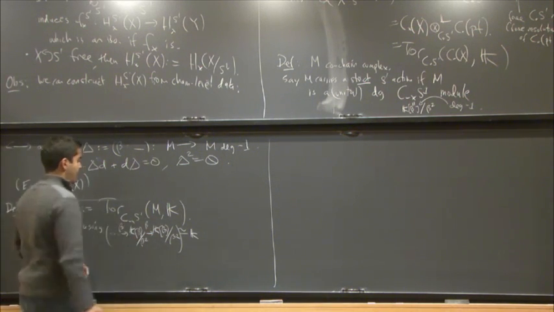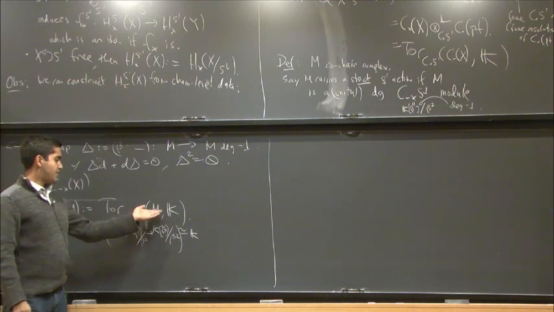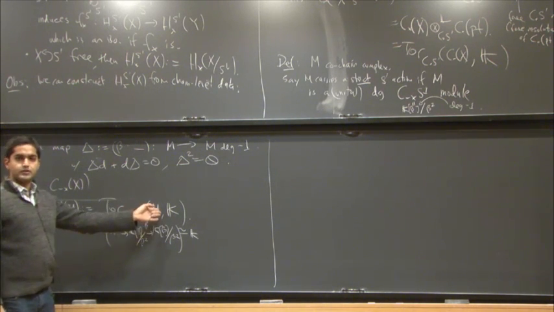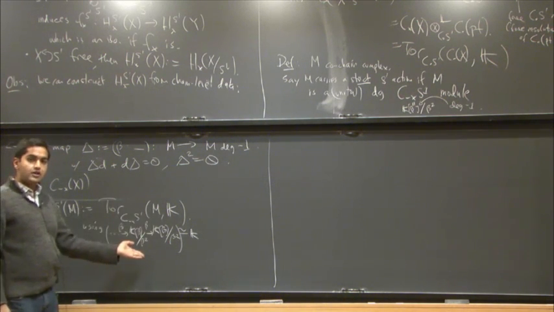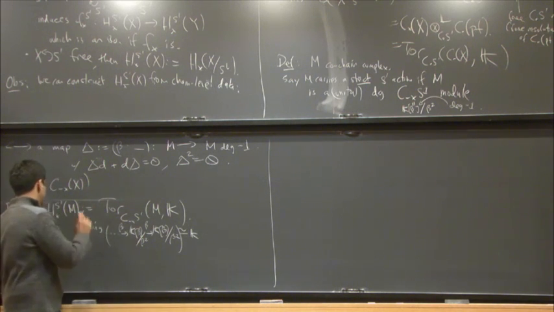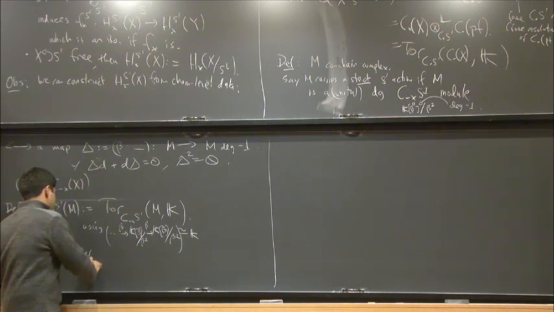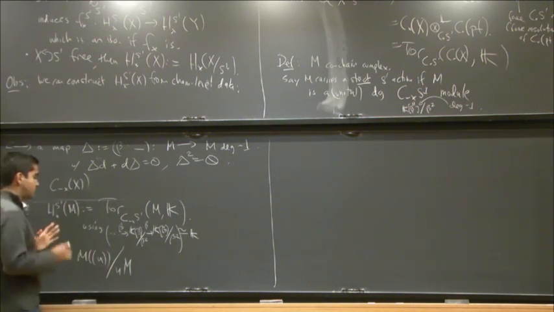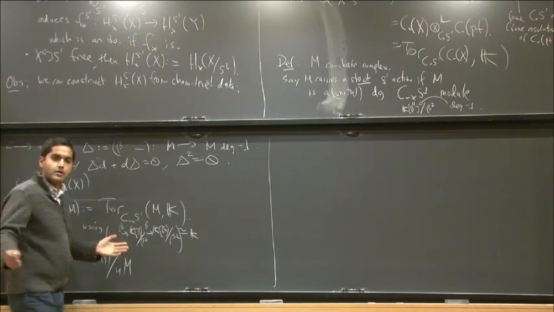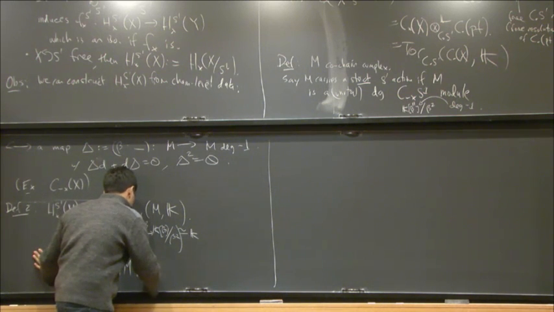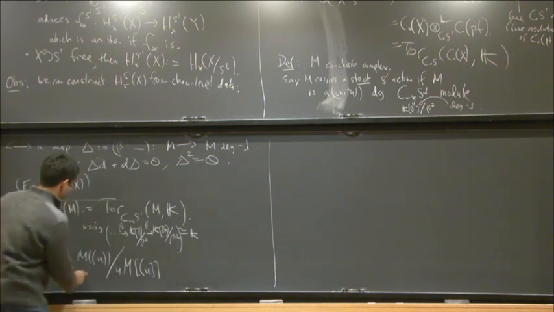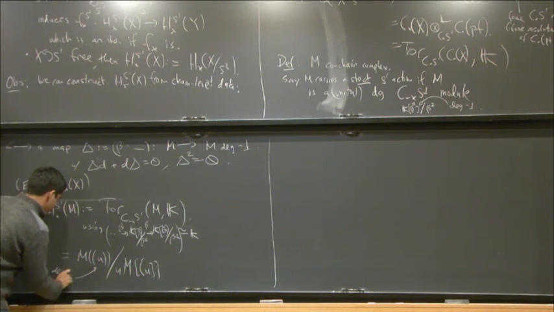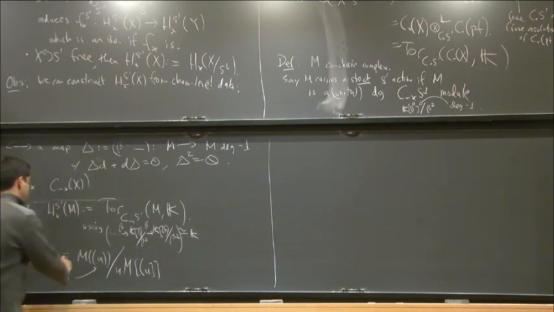So K equals that. That means tor with M and K is just the actual tensor product over chains on S1 of M with this, which I can just write as a very explicit collection of copies of M. So let me just write it.